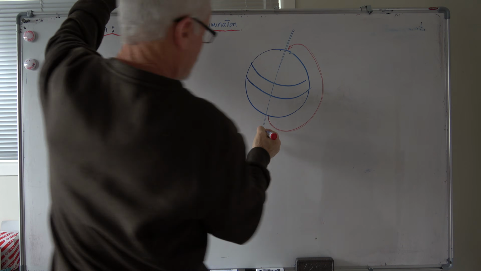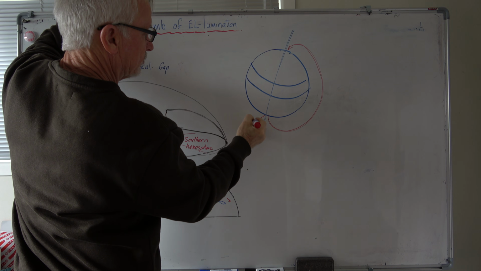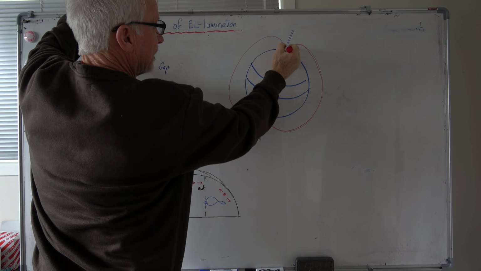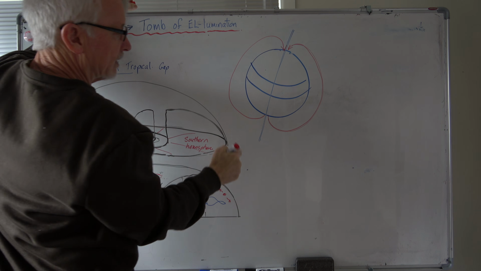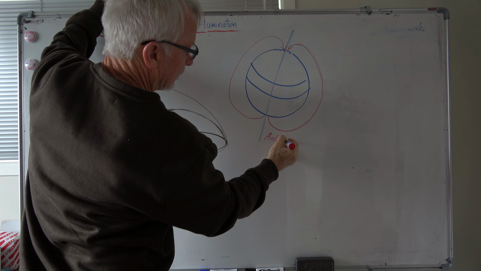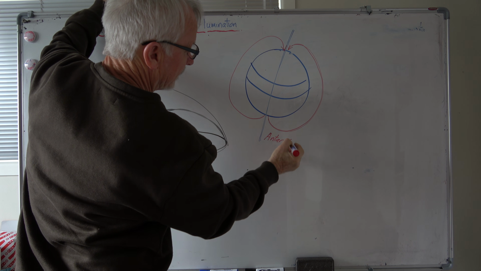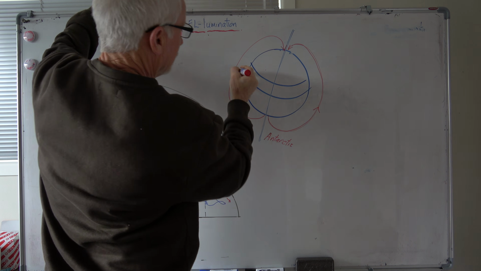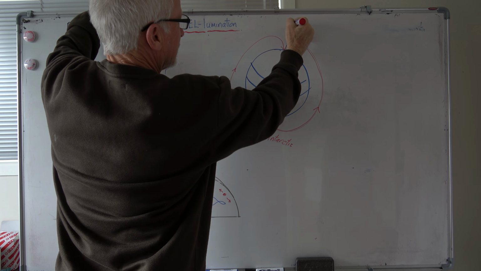You've got to be just as stupid as, oh, let's not go there. Like that, okay? They're trying to tell you the magnetic field comes all the way out of the Antarctic and goes this way, all the way up to the Arctic.